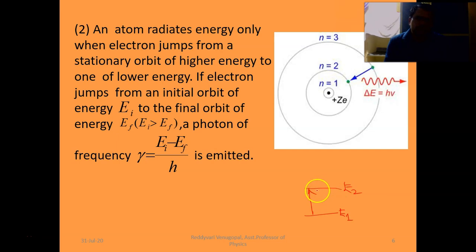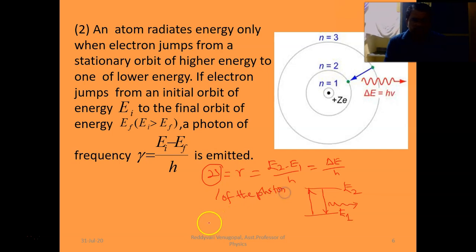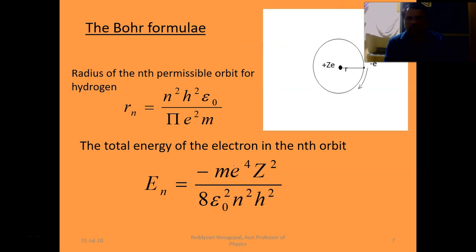It comes to the ground state by emitting a photon of frequency nu, that is equal to E2 minus E1, the energy difference between those two energy levels, which we call delta E, divided by h. So this is the frequency of the photon that is emitted during this transition from a higher energy level to a lower energy level. This is the second postulate.